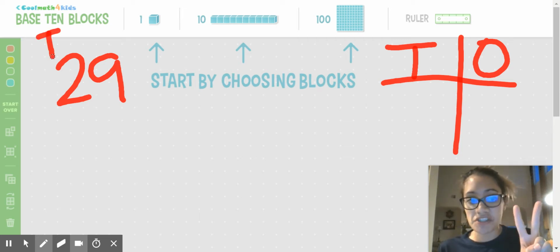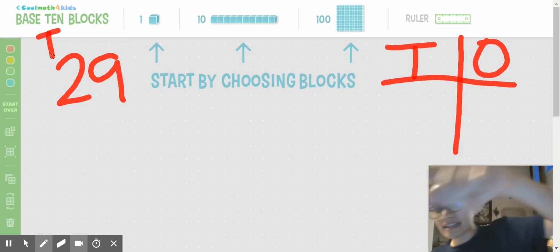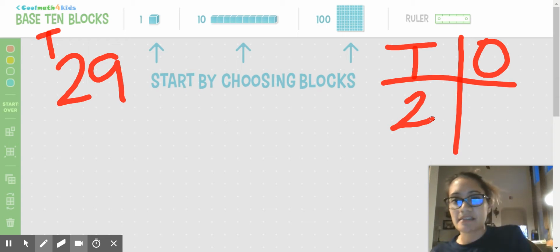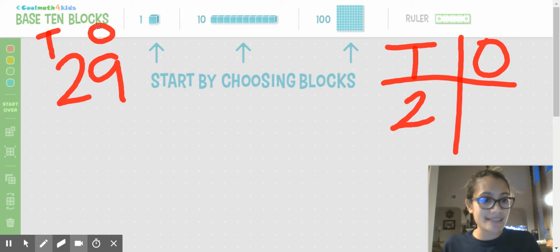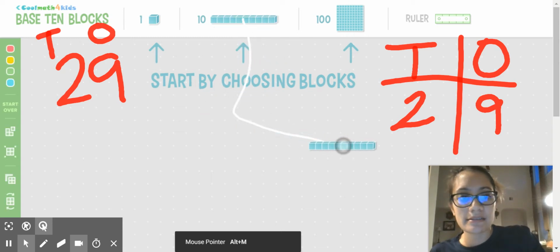In a two-digit number, the first number you see is in the tens place. So I see the number 2 as my tens, and then I see the number 9 as my ones.